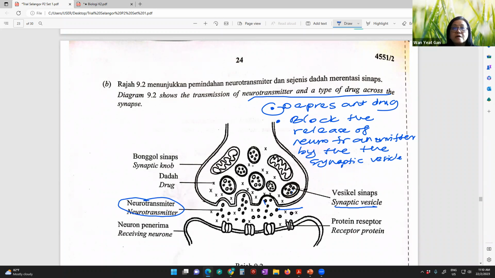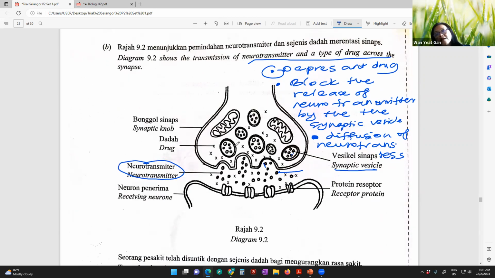But if you have the presence of the drug, X is the drug, it actually blocks the release of this neurotransmitter. Now, if the neurotransmitter is not released, that would mean, for the third point here, that the diffusion of neurotransmitter will be less, right? Okay, it will be less.